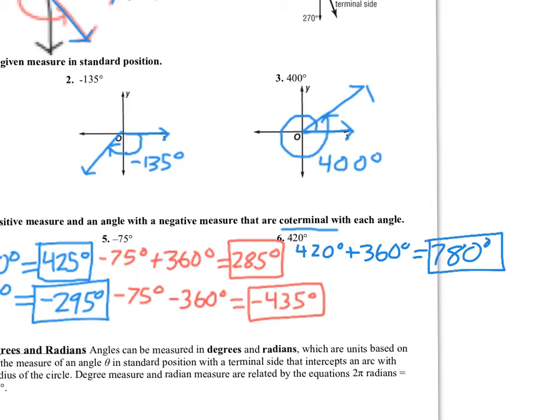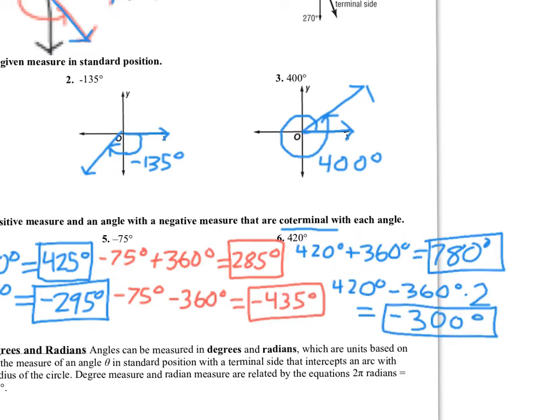But if you take 420 and subtract 360, you get 60, which is still positive. So what I'm going to do is subtract 360 times 2. If you subtract 360 from 420, you get 60, which is still positive, so you have to do it again. So if we subtract 360 twice, then we get a negative answer.